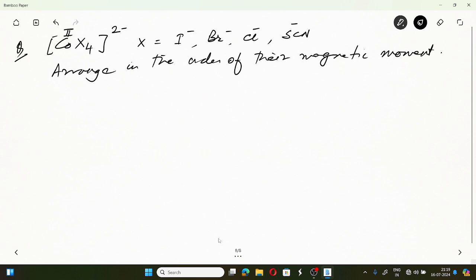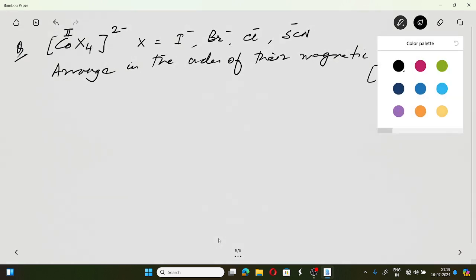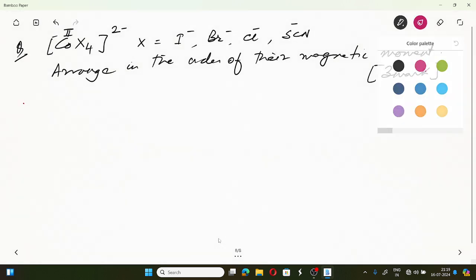So how will you arrange in the order of their magnetic moment? Now with this question, this will also carry 3 marks. So first of all, how will you proceed? First of all, you have to draw the crystal field splitting diagram.